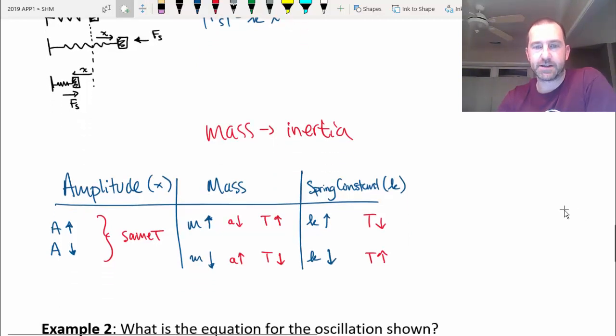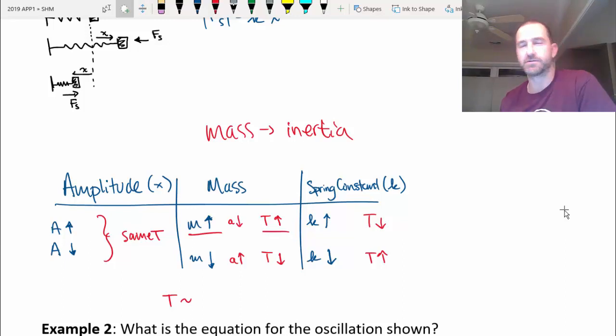So, kind of going along the idea of what we did with the pendulum, I can say that the period should be somehow related to these two quantities that do produce change. For mass, it seems like it's sort of direct. So if mass goes up, period should go up.